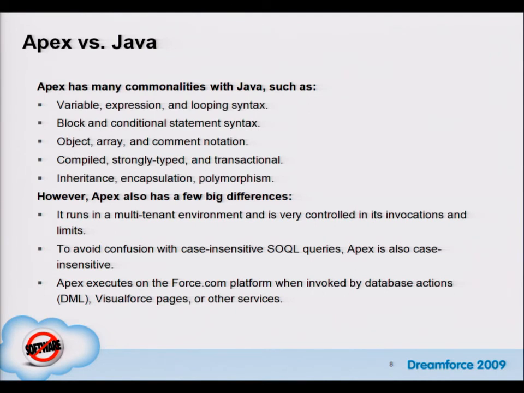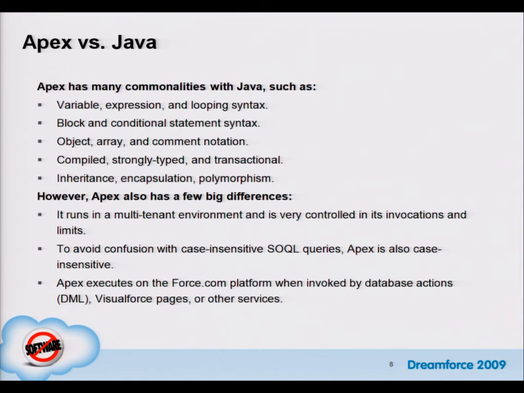One of those is that it runs in a multi-tenant environment. So if you've ever worked on a mainframe system or a very large system, you're probably familiar with things like CPU throttles and partitions and those kind of rules that you have to play by. So when you write on the Force.com platform, we also have things called governors and limits.